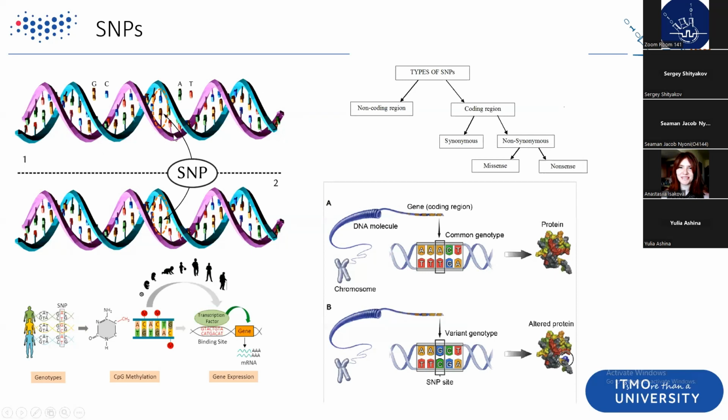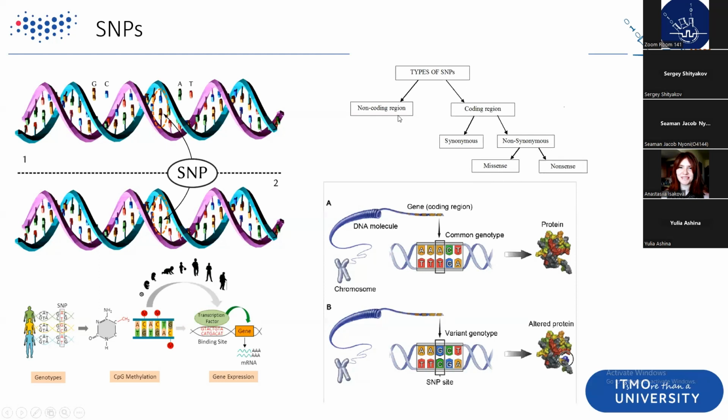So a gene is expressed, and if this substitution is missense, non-synonymous, then you would come up with a substitution of a specific amino acid in a protein. Therefore, you can classify the types of different SNPs.